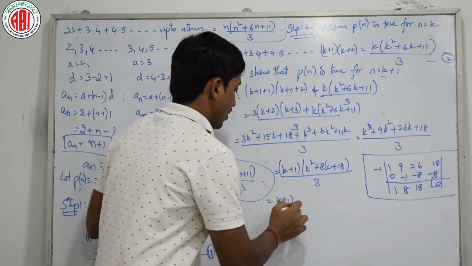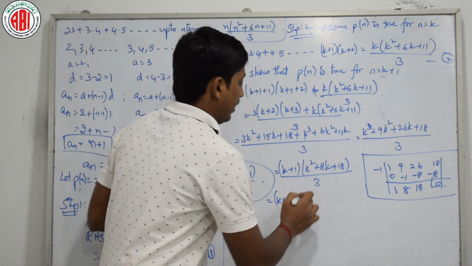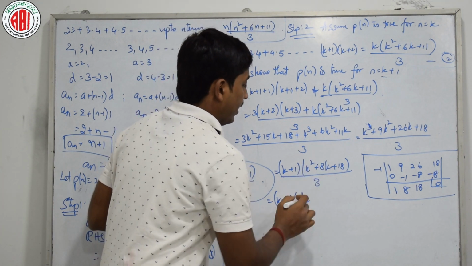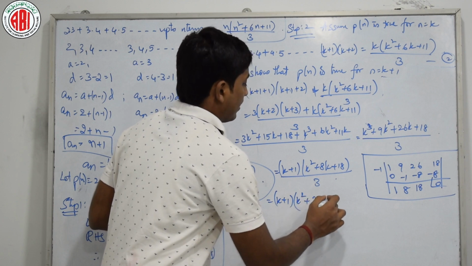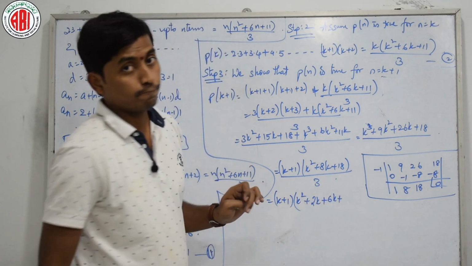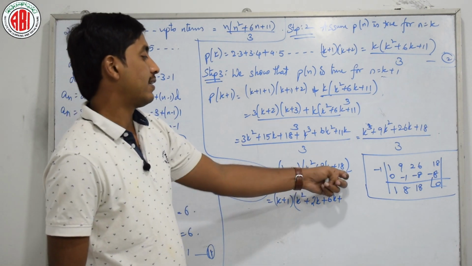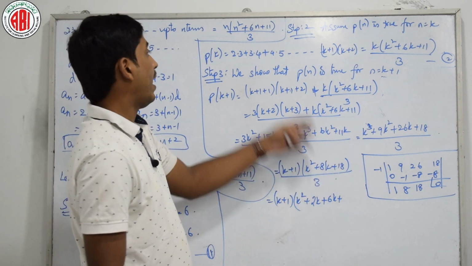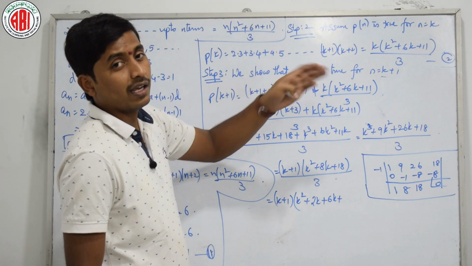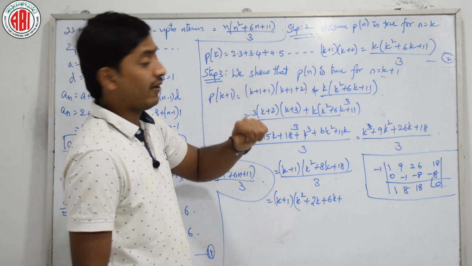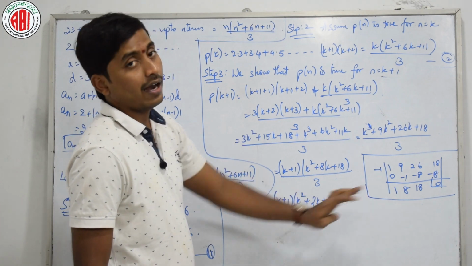That is k plus 1 into, can I write this 8k as 2k plus 6k? Yes, I can write, right? Then next, can I write 18 as, first of all 11 has to be separated. 18 minus 11 is 7. In that 7, I have to separate 6 and 1.